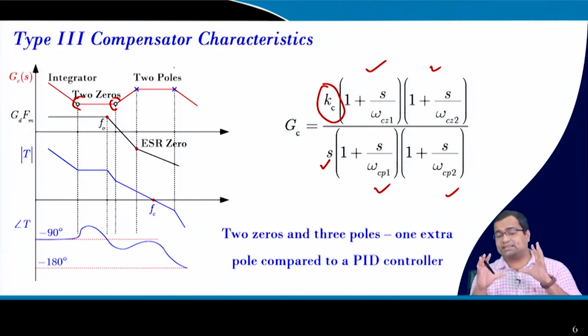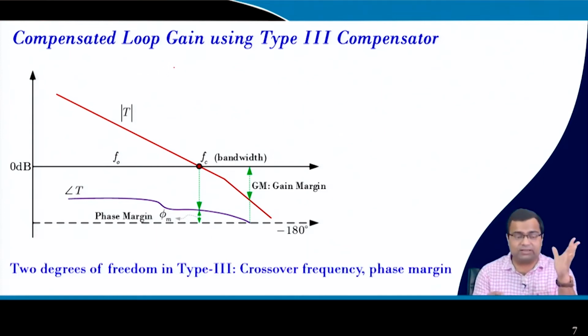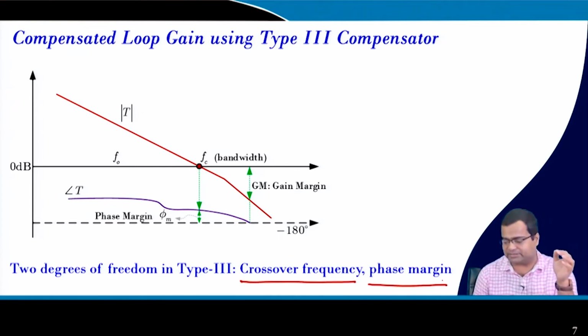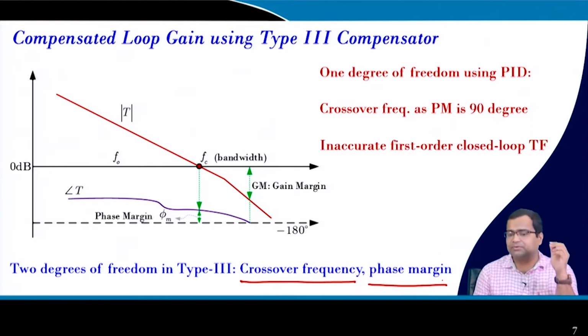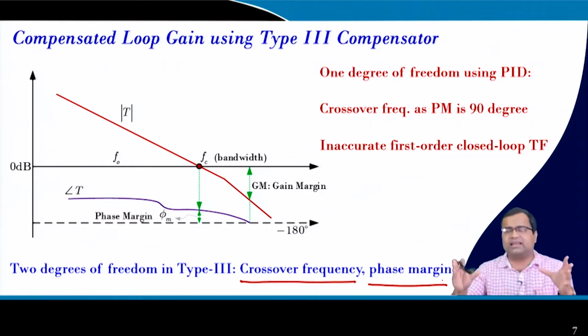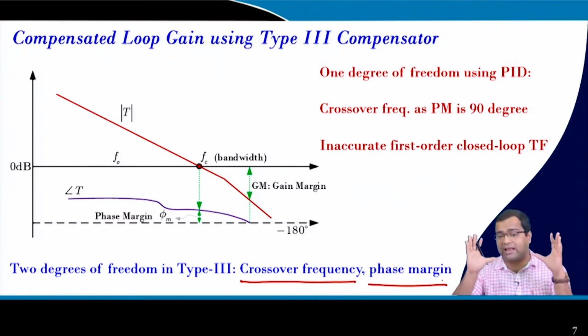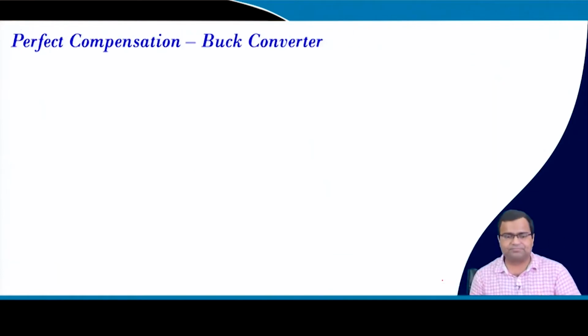It has one extra pole compared to PID controller, and that is why it gives another degree of freedom, and we can measure the phase response, phase margin, and we will see that 2 degrees of freedom will be given, crossover frequency and phase margin, which is not there because PID controller has 1 degree of freedom, because it always analytically shows 90 degree phase margin, but practically we saw that the model is not accurate enough even for a low control bandwidth.